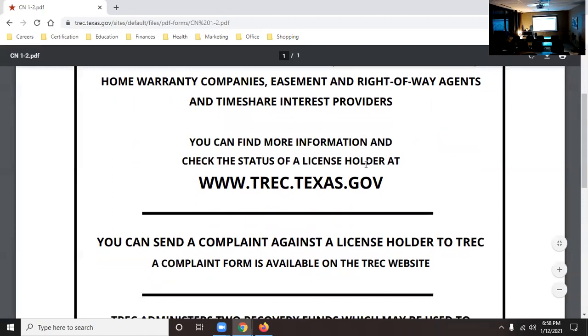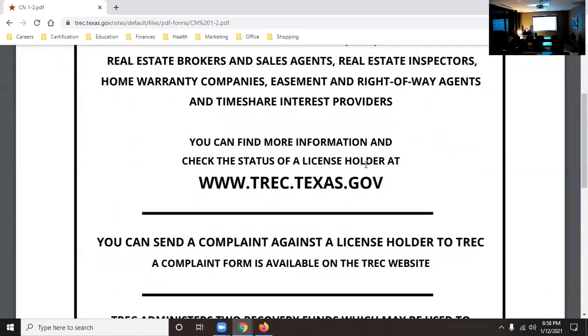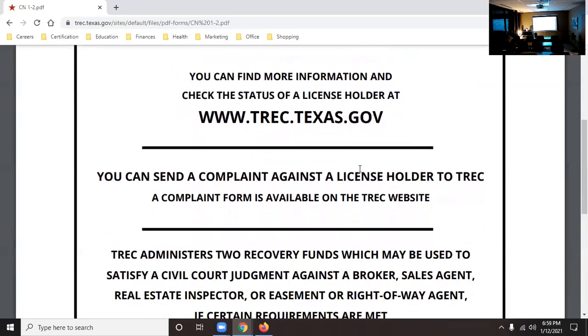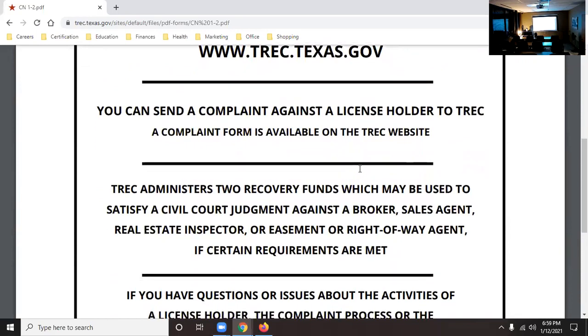You can send a complaint against a license holder to TREC. A complaint form is available on TREC's website. TREC also administers 2 recovery funds, which may be used to satisfy a civil judgment against a broker, sales agent, real estate inspector, or easement or right-of-way agent if certain requirements are met.